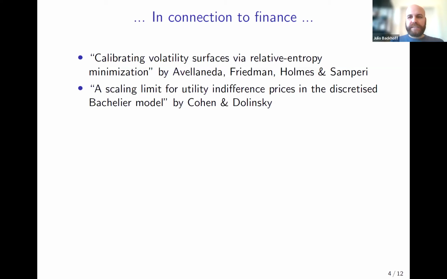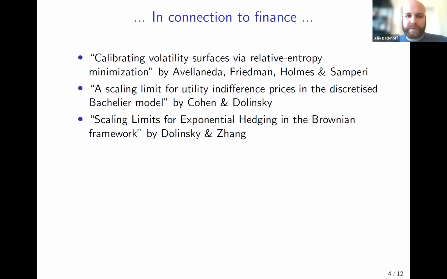Okay, this is done under certain technical conditions that then were shown to be not necessary in the follow-up paper of Dolinsky and Zhang. So they really pass to the limit without technical conditions, essentially, in these problems of discrete time exponential hedging. Now, I would say these are the papers that are closest to the subject of specific relative entropy.